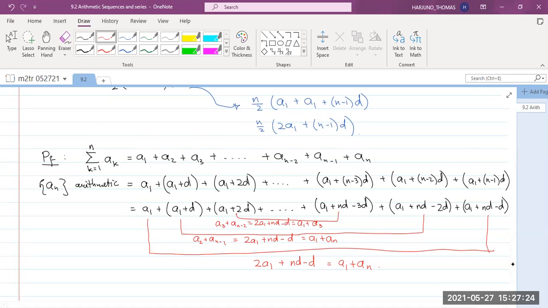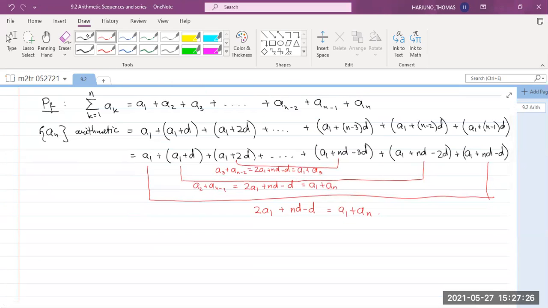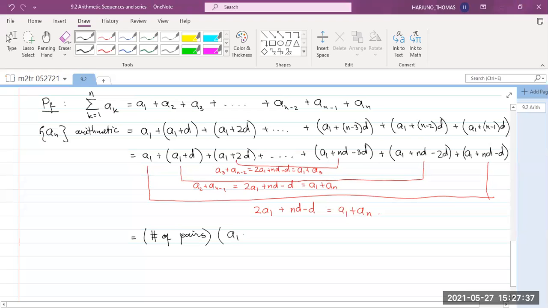So this is basically equal to the number of pairs times the first plus the last term. Now, the number of pairs is the number of terms to add divided by 2. That's how we get that formula.